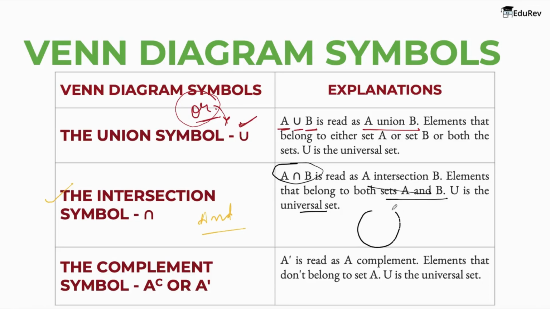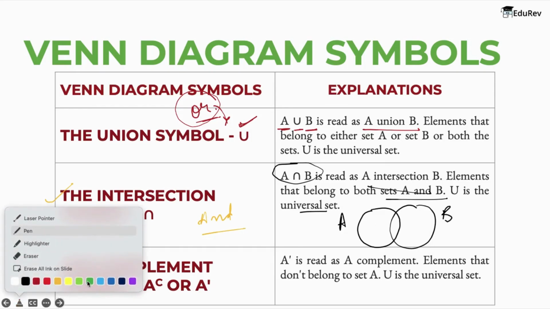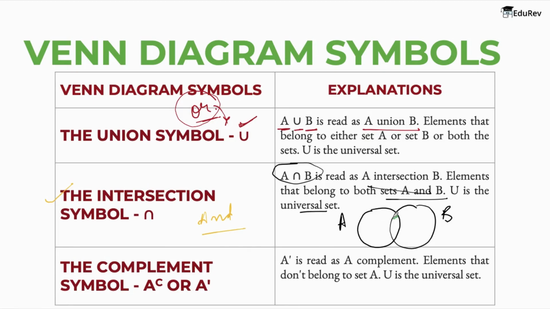So, if I take two sets again, A and B, intersection basically means all those elements which belong to both A and B. The elements which belong to both A and B need to be these elements, because these are the ones that belong to both A and B. So this is basically your intersection.